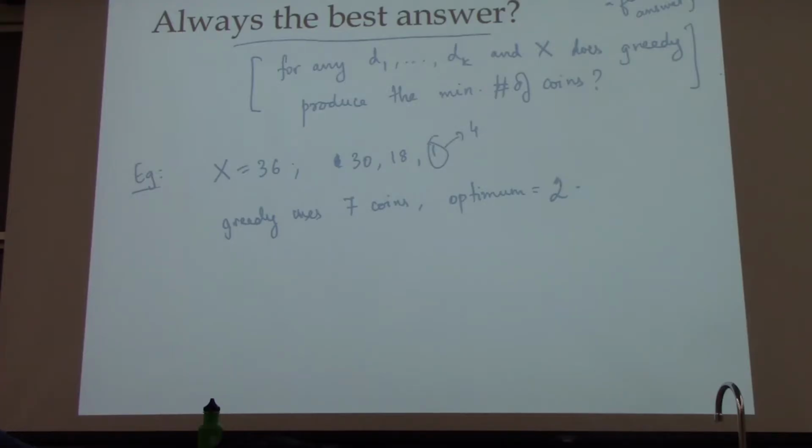But what we know is that greedy is not always the best. So in this case, it turns out dynamic programming is probably the better way to go, because at least we know that it's always correct.